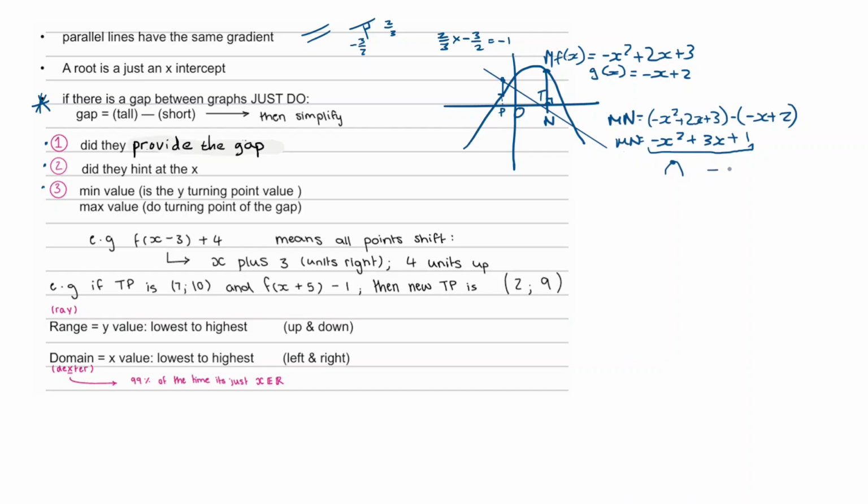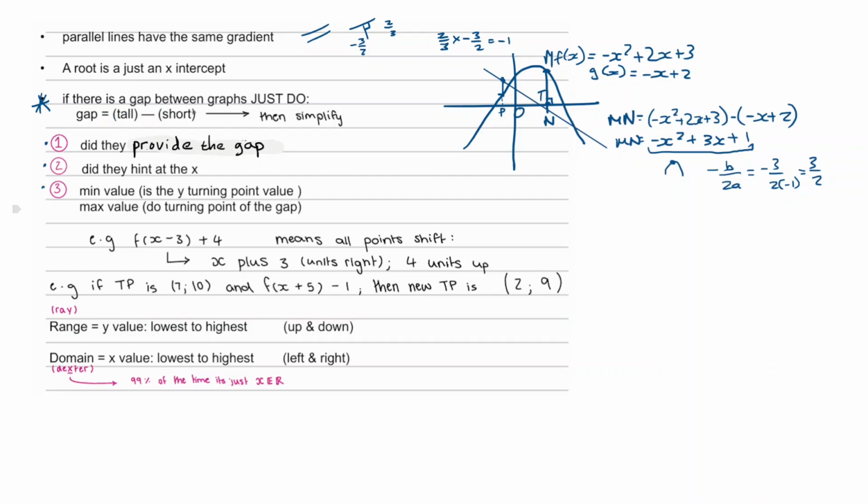And I'll go back to the other video where we did minus b over 2a. So minus 3 over 2a, that's just 3 over 2. And then I can sub that back into the mn expression because I'm trying to work out the max of mn. So don't sub it back into the parabola. And that's how to turn these questions, which are often for 5 marks, into something really palatable.